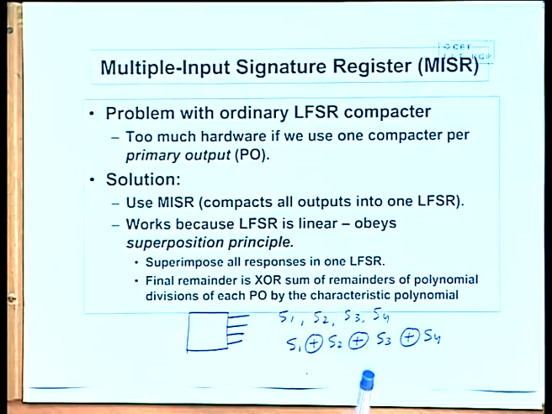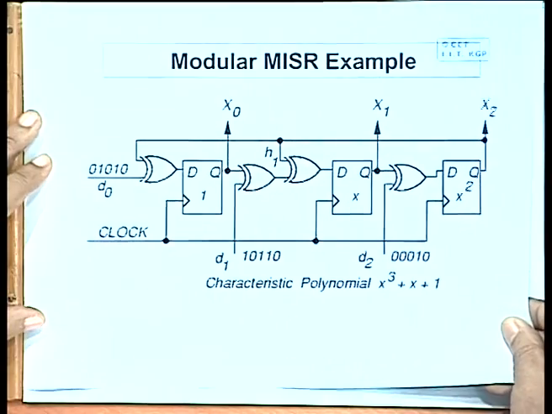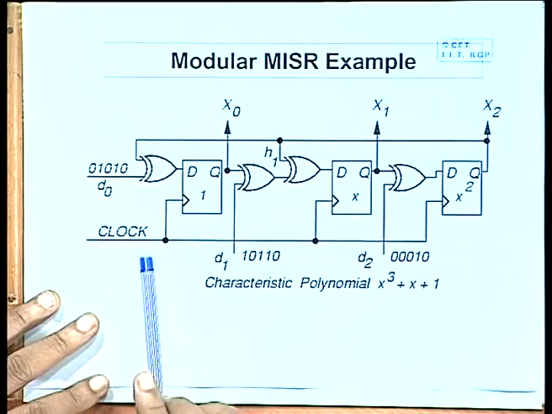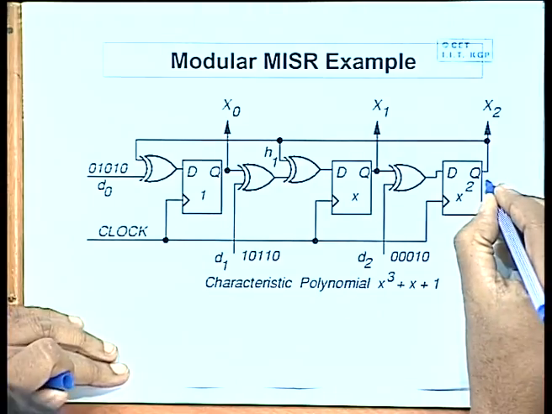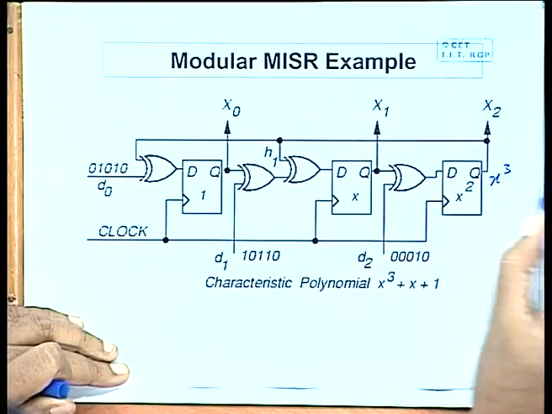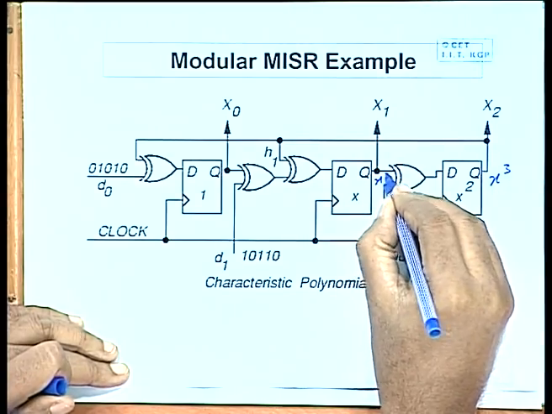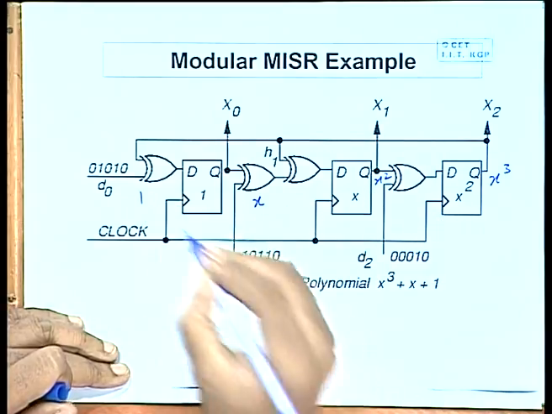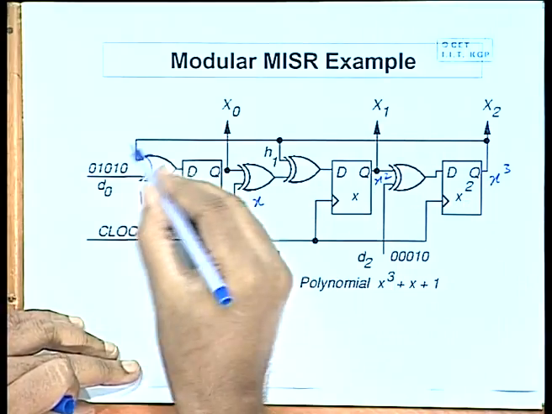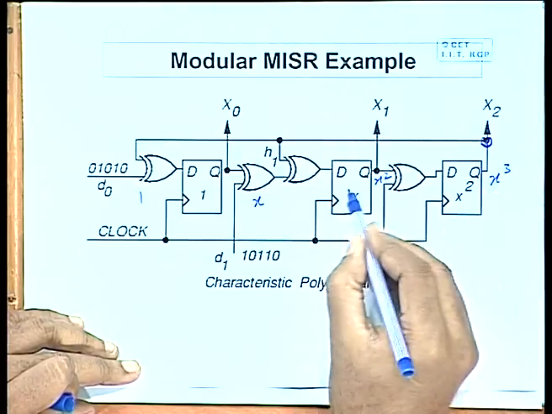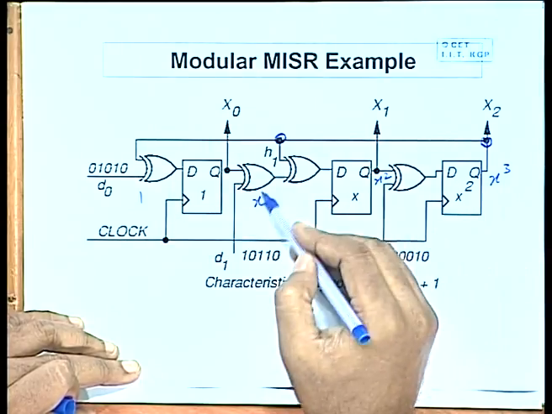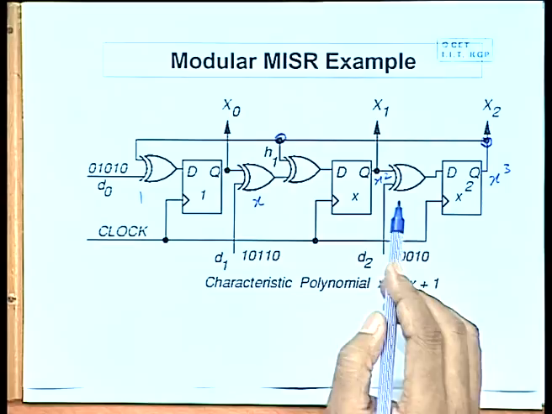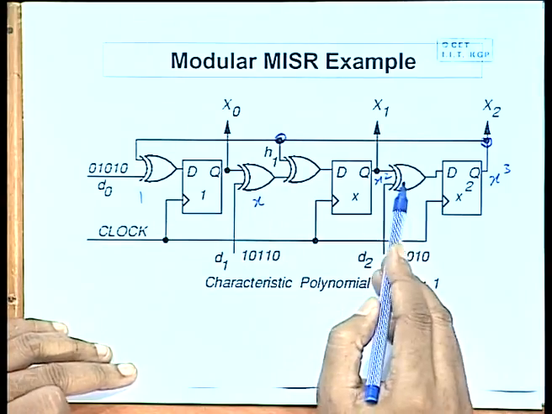So, MISR is a structure which is quite popularly used, and a MISR looks like this. This realizes the polynomial x cube plus x plus 1. This is x cube, x square, x and 1. You look at the feedback path, it has a connection here, it has a connection here and of course, in the input. So, it is x cube, x and 1. But in addition we now have one XOR gate with each stage.